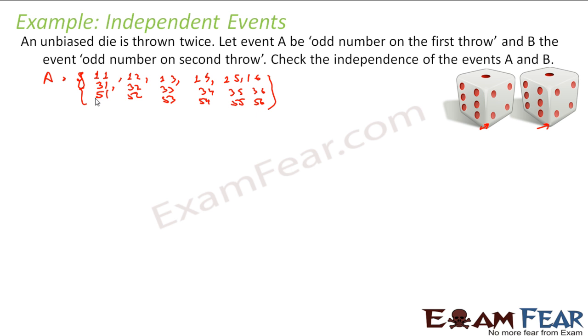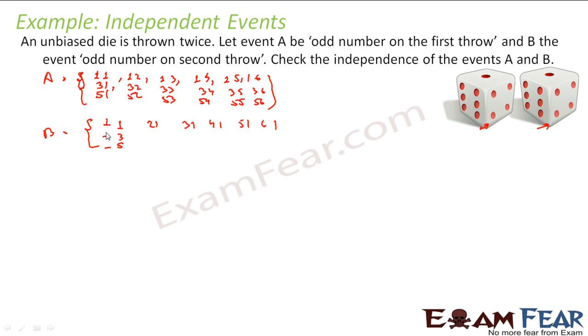This is my set A, and set B is nothing but an odd number in the second throw. That is, you get 1, 3 and 5 in the second throw, and the first numbers can be any number, right? So what you get here is 1 1, 2 1, 3 1, 4 1, 5 1, 6 1.